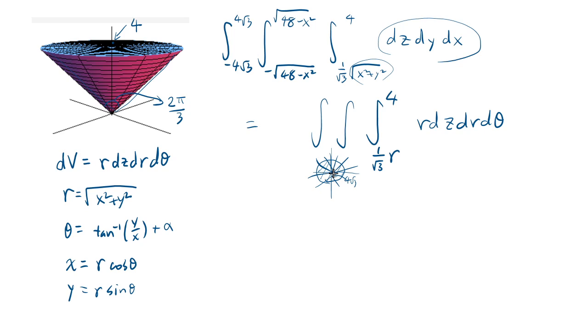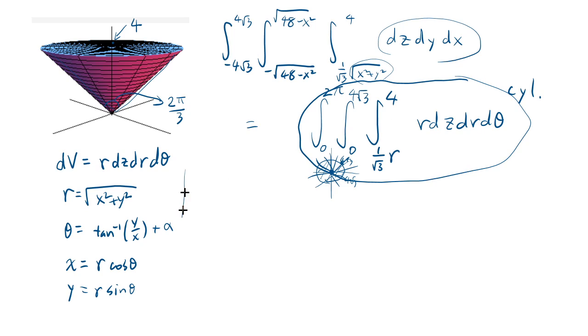And you can see that for any of the rays, you start painting at r equal to 0, and you end when you're 4 radical 3 away from the origin, because then you will be on the circle. So it's 4 radical 3 here. And then finally your theta goes all the way around 360 degrees, so it's from 0 to 2 pi. So that's how you do the cylindrical.